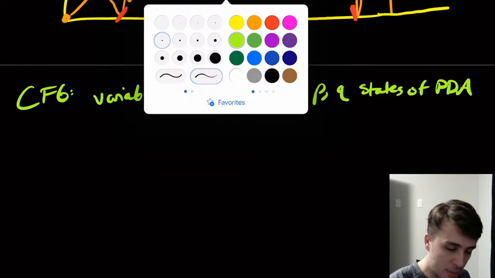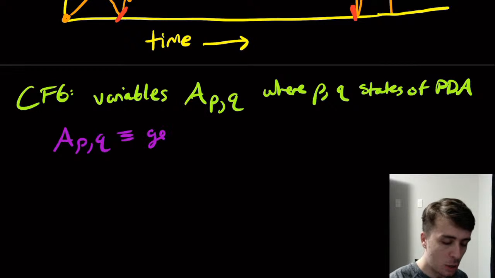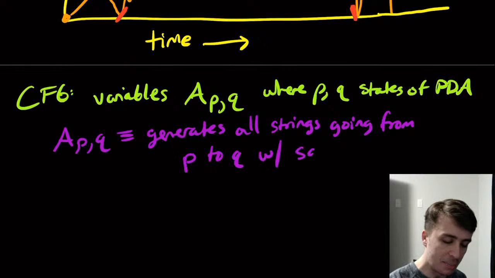And the interpretation of what A sub PQ does is that it creates all strings going from P to Q with the same stack height.